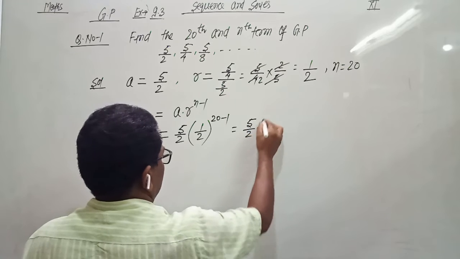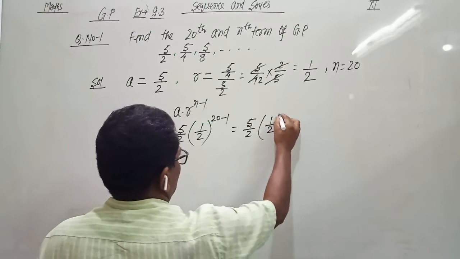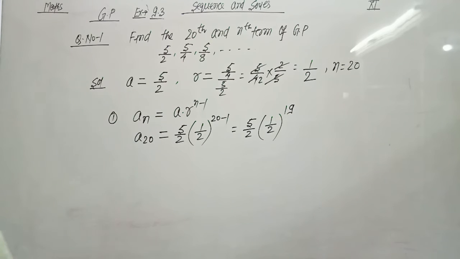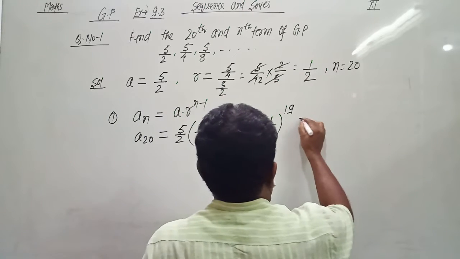5 by 2 into 1 by 2 raised to the power 19.